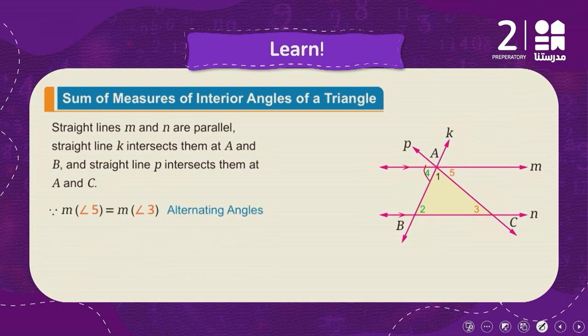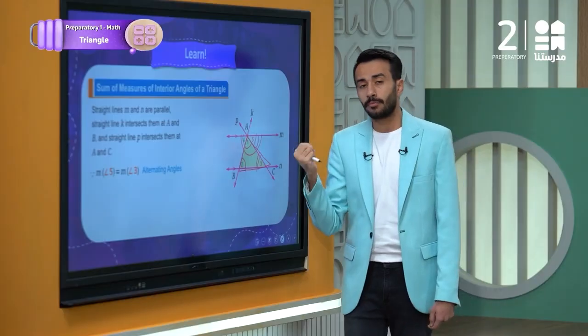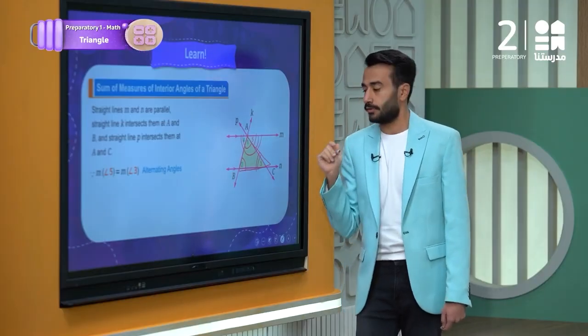If this one equal to this one, and this one equal to this one, and we have 1 here, so for sure the sum of the angles here must be equal the sum of these angles. Again, احنا عارفين angle 4, angle 1, angle 5, all of them, their sum is 180.